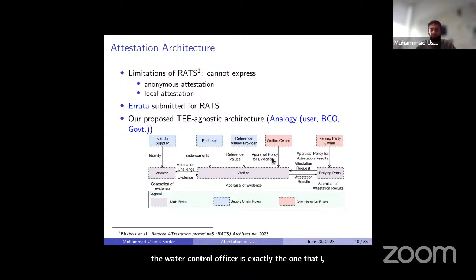And the appraisal policy: for instance, after COVID, we all know there was a requirement of providing a COVID certificate. These are the things which keep changing, and for most countries, it's now gone. So policy is defined by the owner according to their own requirements. Similarly on this side, the government might have its own policy. Sometimes they might have good relationships with some countries, but these might change over time. So there might be some appraisal policies here.